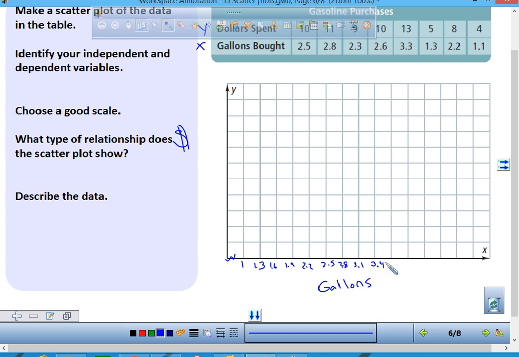And maybe, because of the space that we have left, we probably could go by 0.2s. Okay, so let's try that. Yep, I have to erase. I have to erase too.